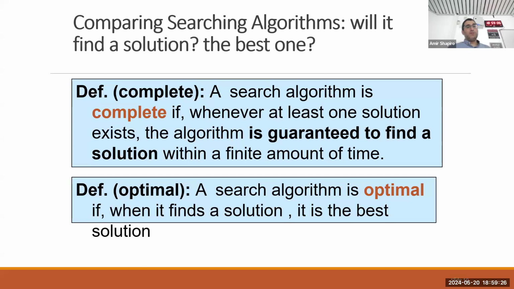A search algorithm is complete if whenever at least one solution exists, the algorithm is guaranteed to find a solution within a finite amount of time. So it will find a solution if one exists. And it is optimal if the search algorithm will find the best solution.